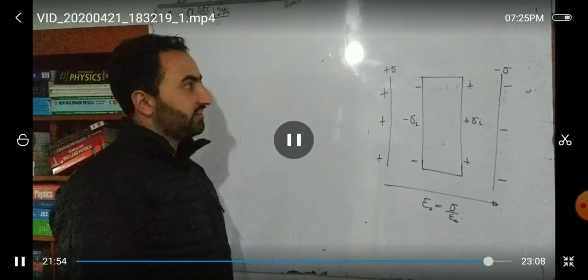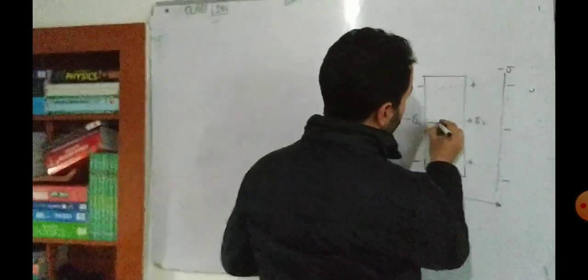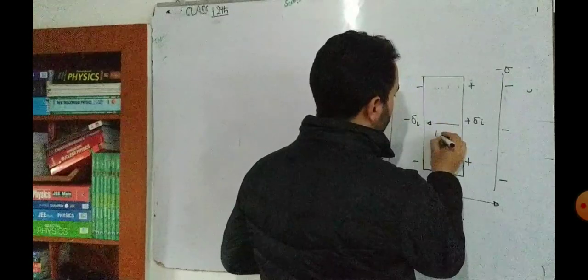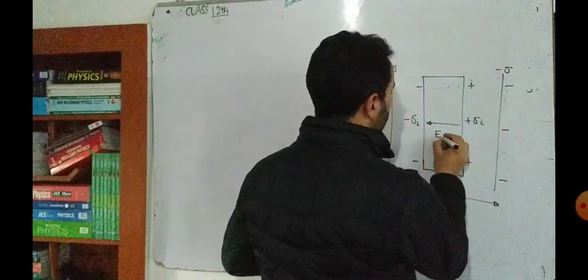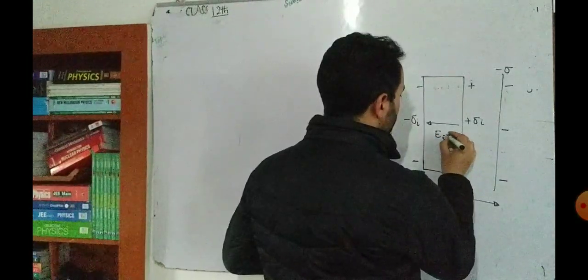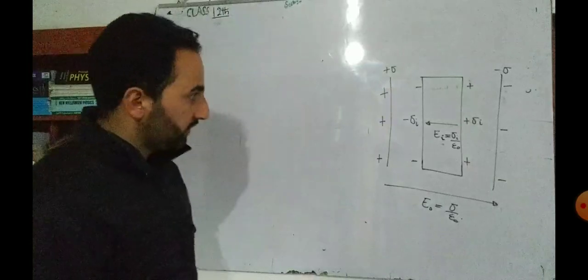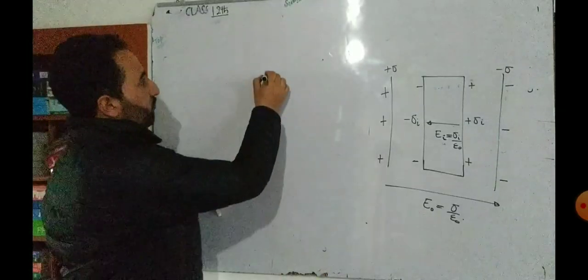A field will be established inside the dielectric like this, from positive to negative. This electric field is called the induced electric field, which is equal to sigma I by epsilon 0, and obviously it will be directed from here to here. So here I will write down this important point.